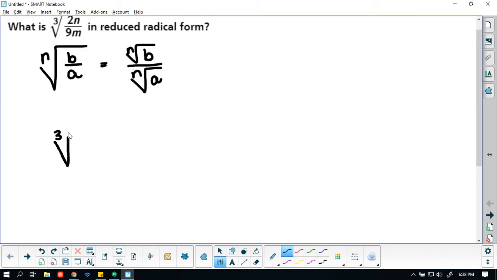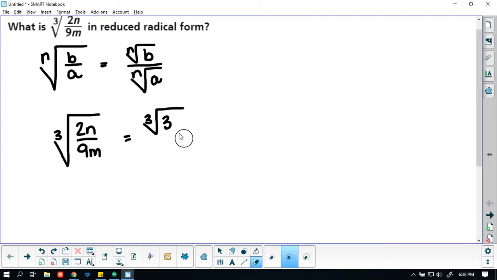Actually, it's an expression. So this is 2n divided by 9m. Breaking this apart, expanding this, I'm going to have the cube root of 2n divided by the cube root of 9m.